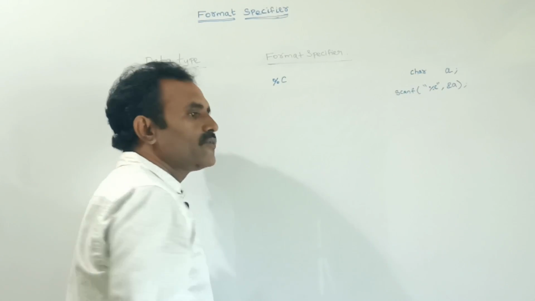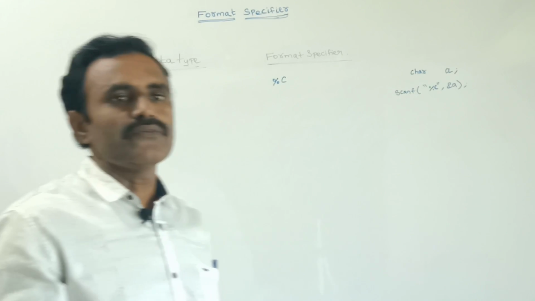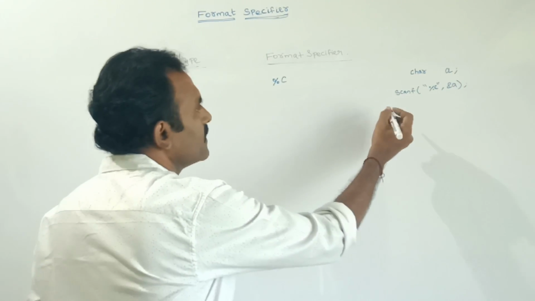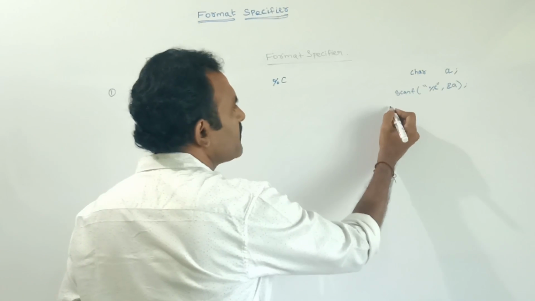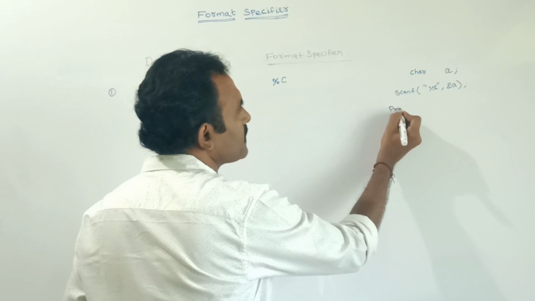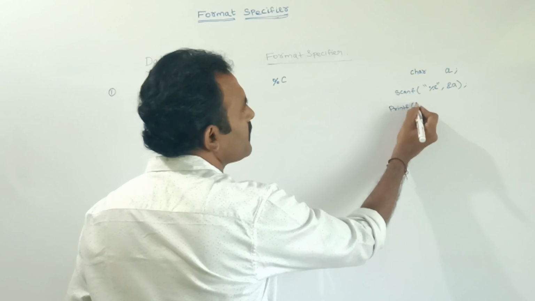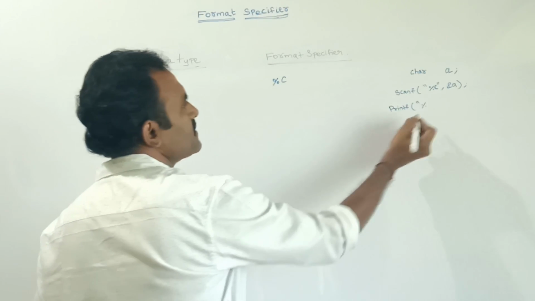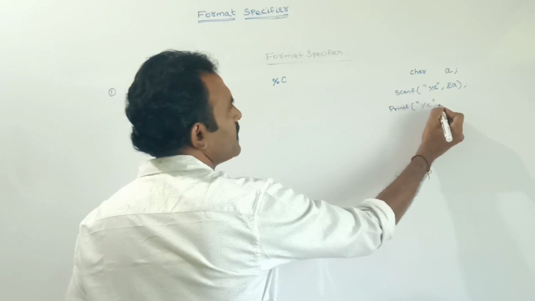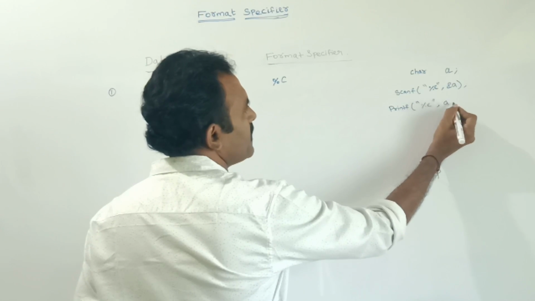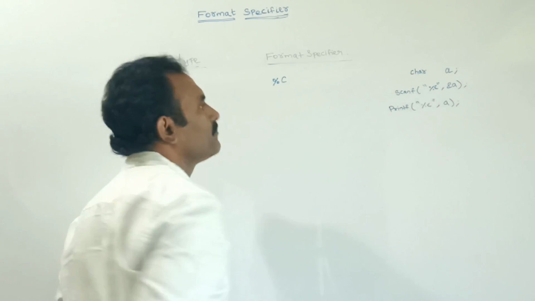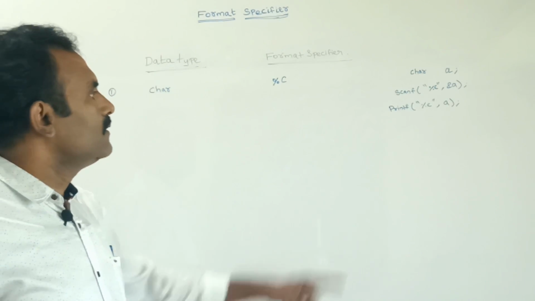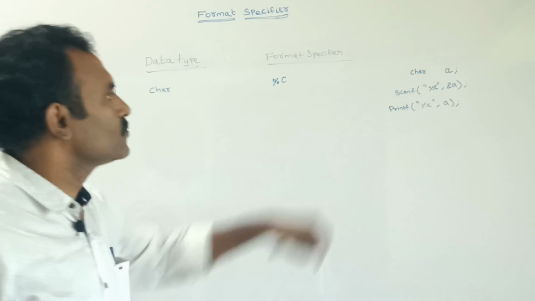If I need to print that value from variable a, we can use the printf function. Here also the first argument is the format specifier %c, next the variable name a. In this way we can store the value.